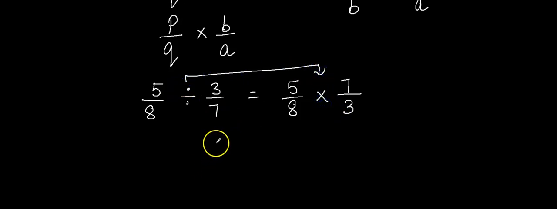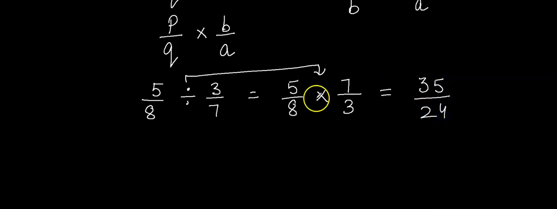In other words, we are just multiplying the first fraction by the reciprocal of the second fraction. That would be equals to 35 over 24. Since we cannot reduce any of the numerator and any of the denominator, we simply multiplied it. And then finally we can write it in a mixed form. That would be equals to 1 and 11/24.